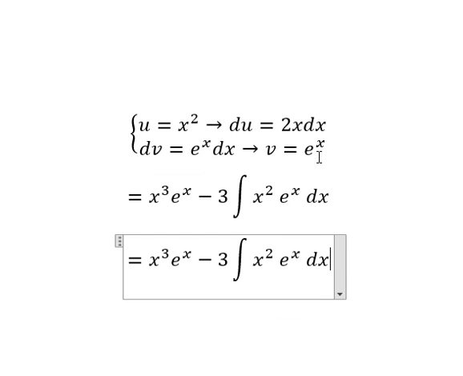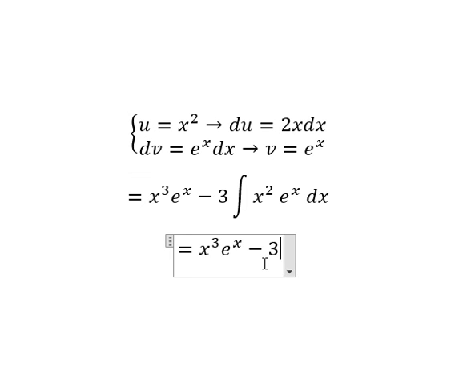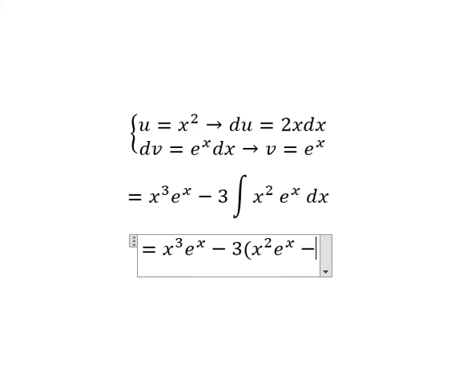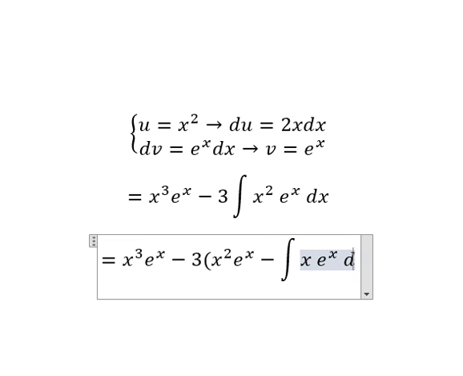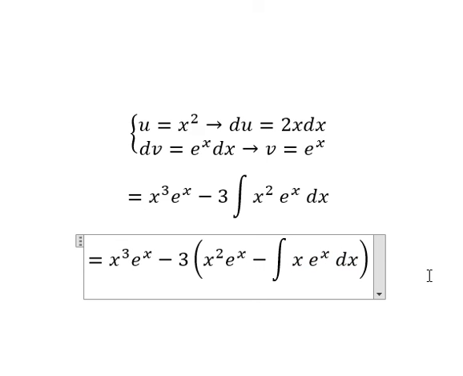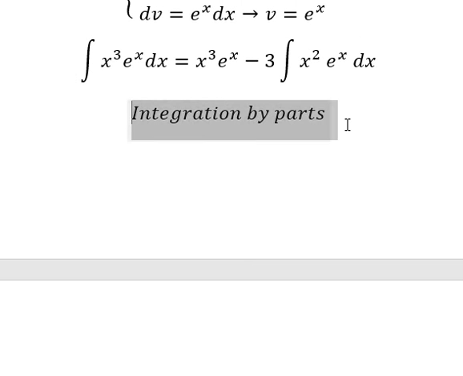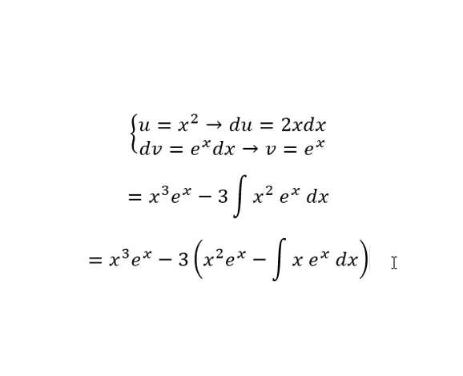So we have u multiplied by v minus the integral of v du. So we have the integration of s e to the power of s ds. And now we can use integration by parts again.